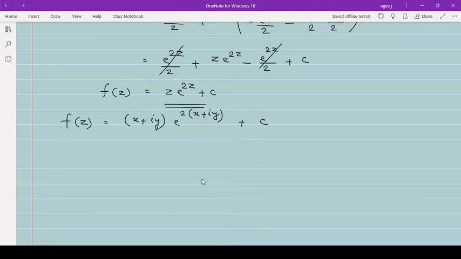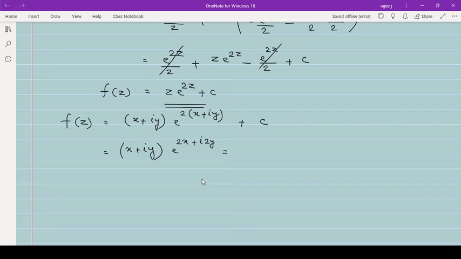So c you keep it like that only. Then this is equal to x plus iy into, now what we do here is e raised to, multiply this 2 inside, so it is 2x plus i 2y. Listen here carefully, this point. So plus c is there, I am not writing for the time being, it is there.